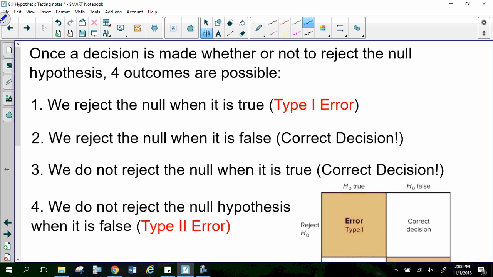That's another correct decision. We're always going to either reject or not reject the null. Those are our 2 options. And the fourth one is called a type 2 error. We do not reject the null hypothesis when it is false.